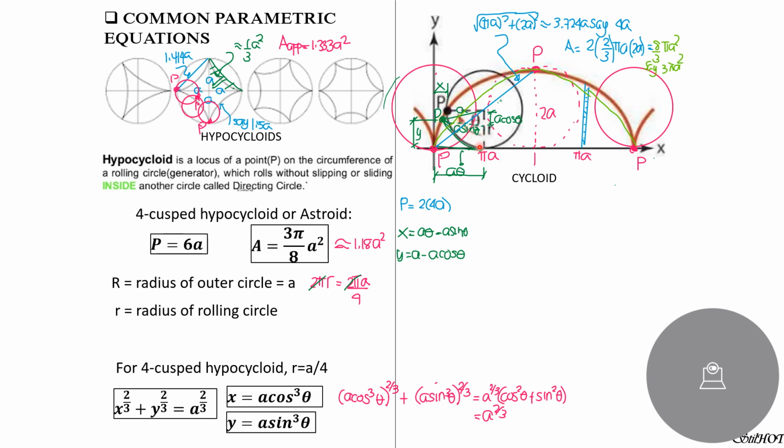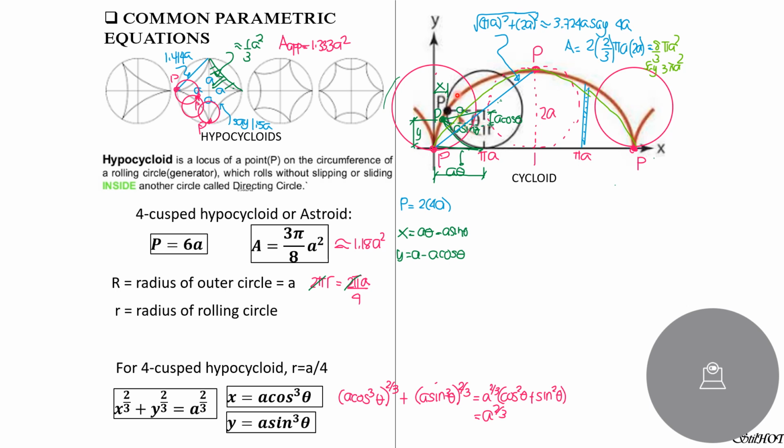Because the circle rolls without sliding along this straight path, the corresponding straight distance would also be a theta, radius times theta. This is the arc length, which is equal to this distance here, a theta, radius times central angle theta.